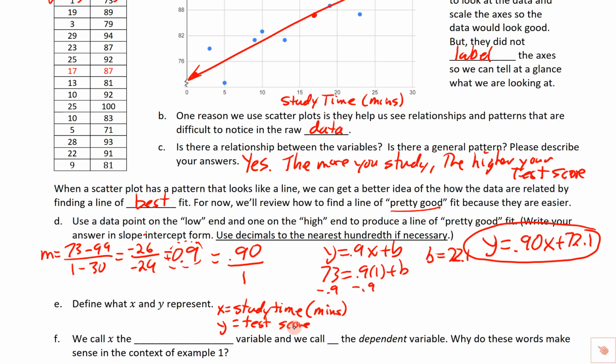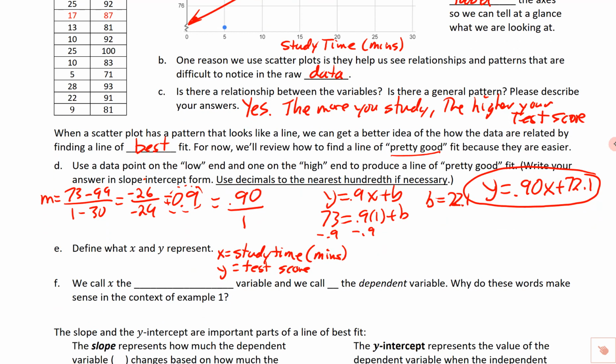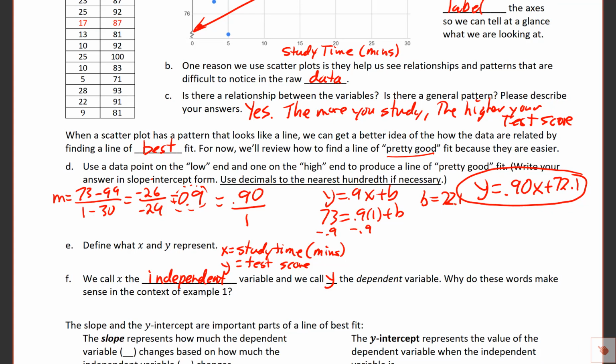Now let's stop and think about this for just a second. We've got some vocabulary coming up, and it says we call X the blank variable. We call it the independent variable, and we call Y the dependent variable. Now stop and think about this. Why would mathematicians choose words like this?